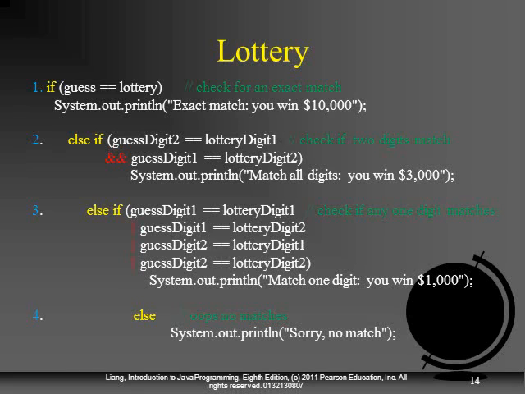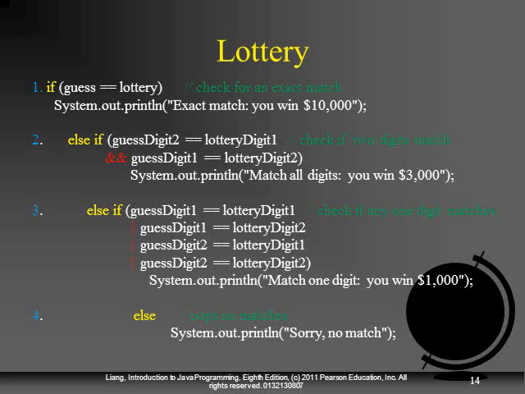I've labeled the code 1, 2, 3, and 4. So 1, 2, and 3 are the 3 conditions we test. And if none of those are met, then 4 is not even a test. It just says, oops, you haven't made a match.